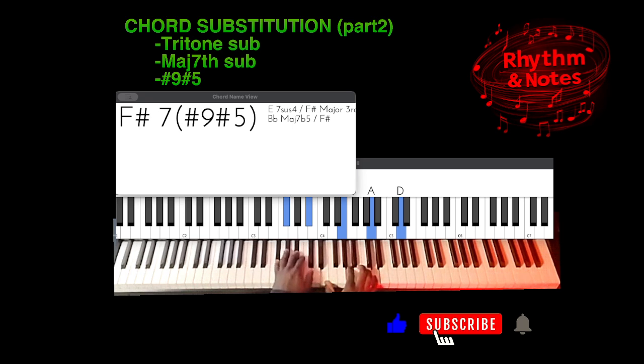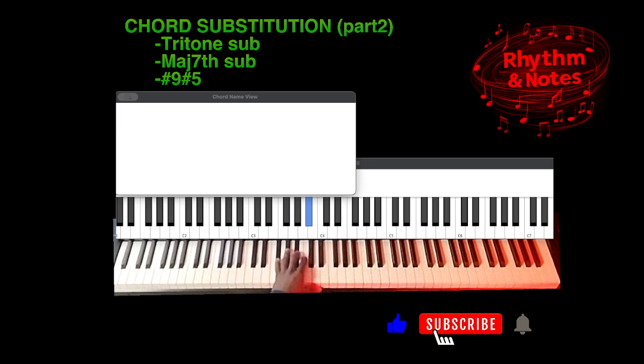Now let me explain the sharp 9 sharp 4, how to form it. It's easy. Your pinky plays the root, your middle finger plays the major 3. The thumb plays the flat 7, which means we just go down 2 semitones from the root.